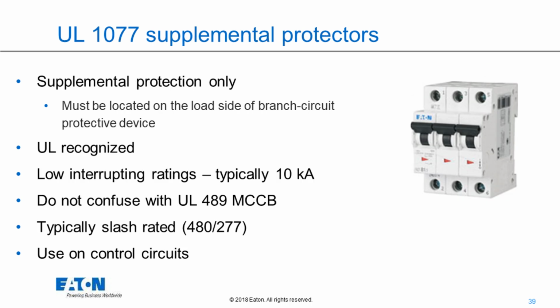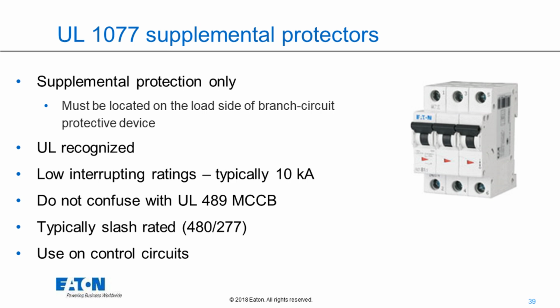The next one is UL-1077 supplemental protectors. They must be located on the load side of a branch circuit protection device. They're UL recognized. They have low interrupting ratings, typically 10,000. They're not to be confused with a UL-489 molded case circuit breaker.